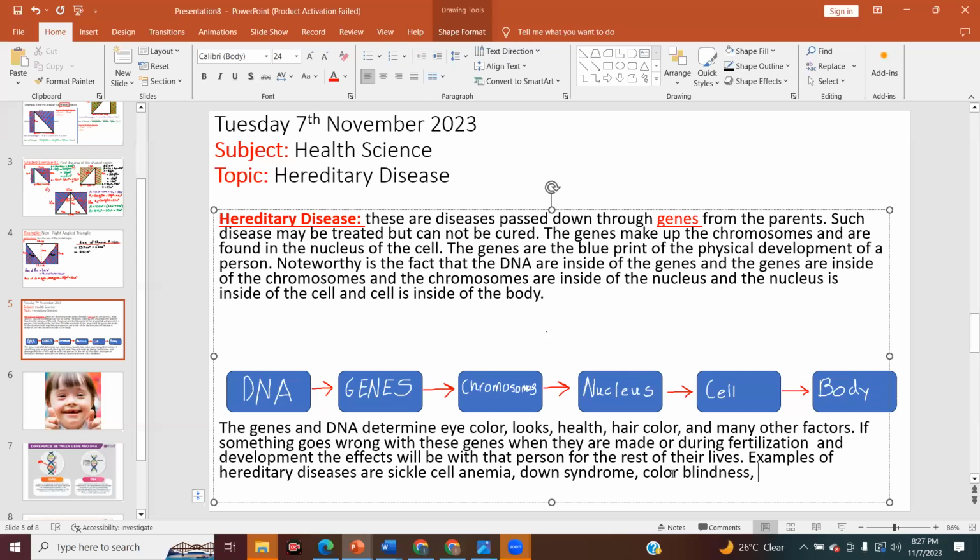And then hemophilia. Hemophilia is basically when your blood cannot clot. So if you get a cut, you will continue to bleed if you don't get medical attention.